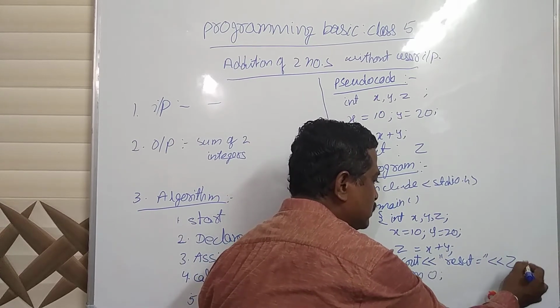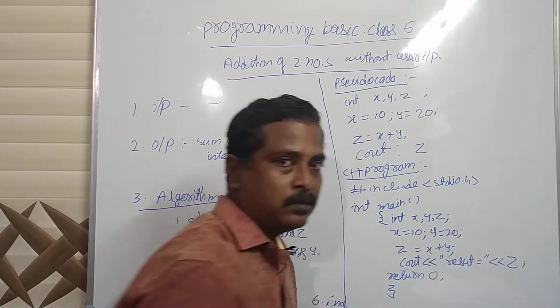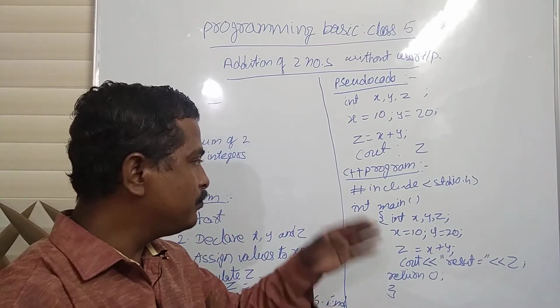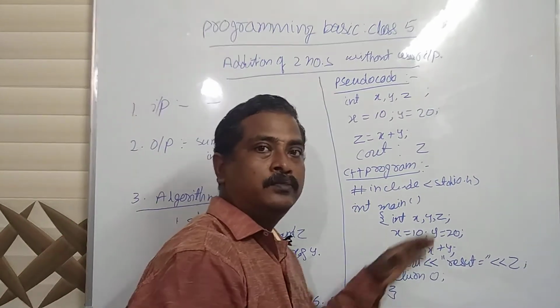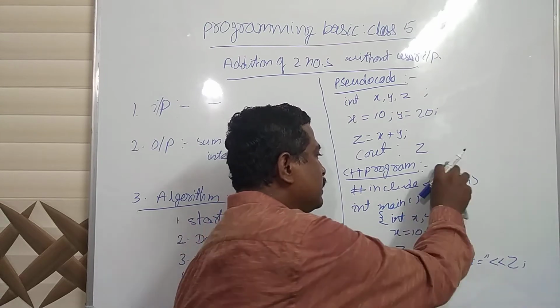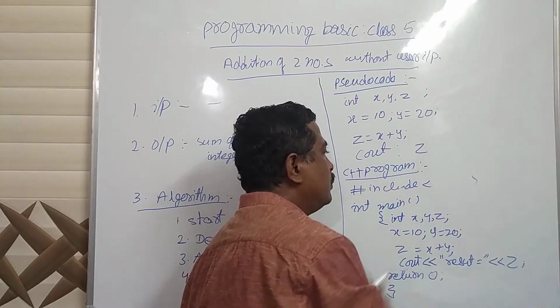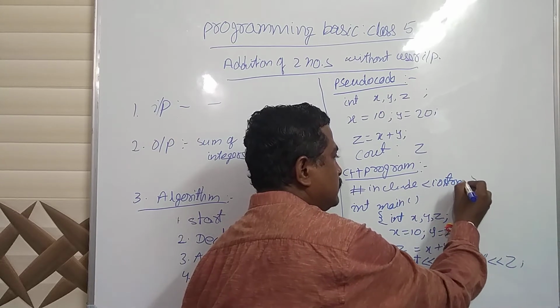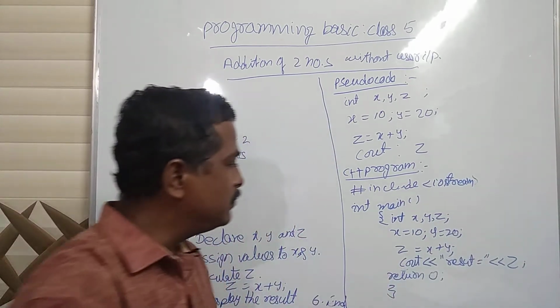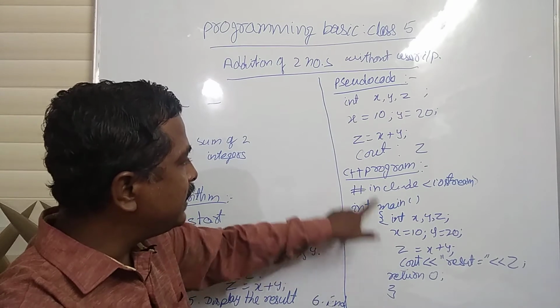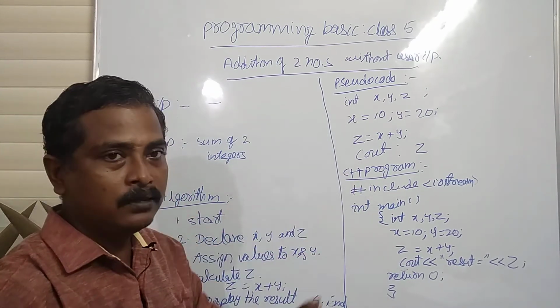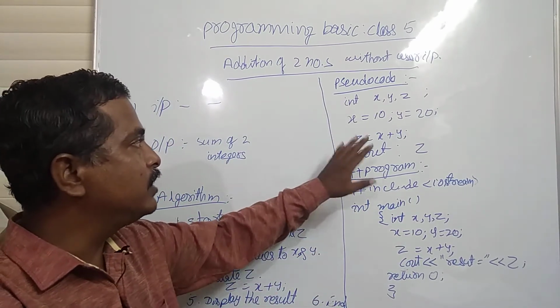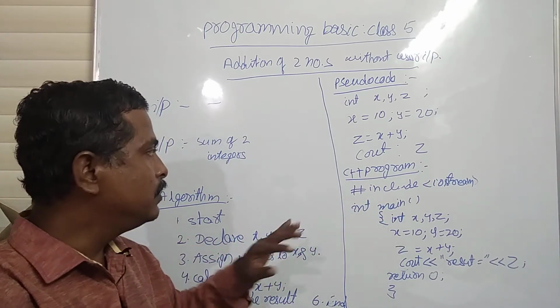Value of z. So z, it is the format of cout. Okay, that is the print format of printf. Here in place of stdio you take iostream. That's it. C++ program. See, I have not changed anything except the printf statement. That's it. Your C program becomes C++ program.